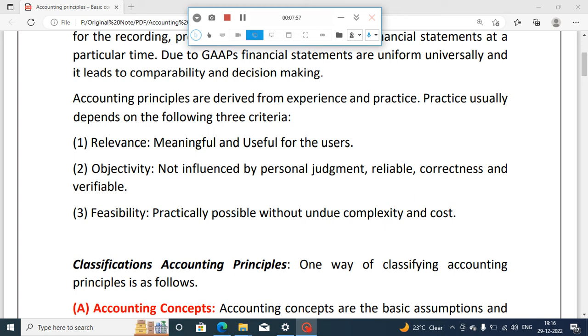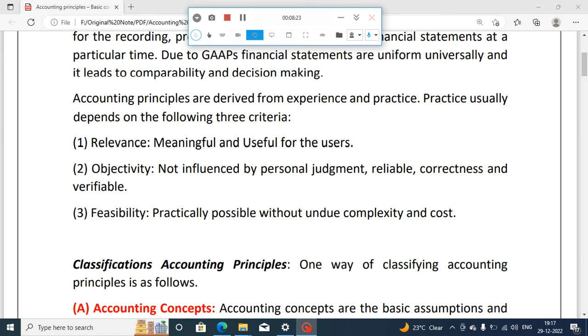The third quality is feasibility. Feasibility means possibility. Possibility means practically possible or not. Practically possible without undue complexity and cost. So the accounting system, accounting records, and accounting procedures and methods should be practically possible.